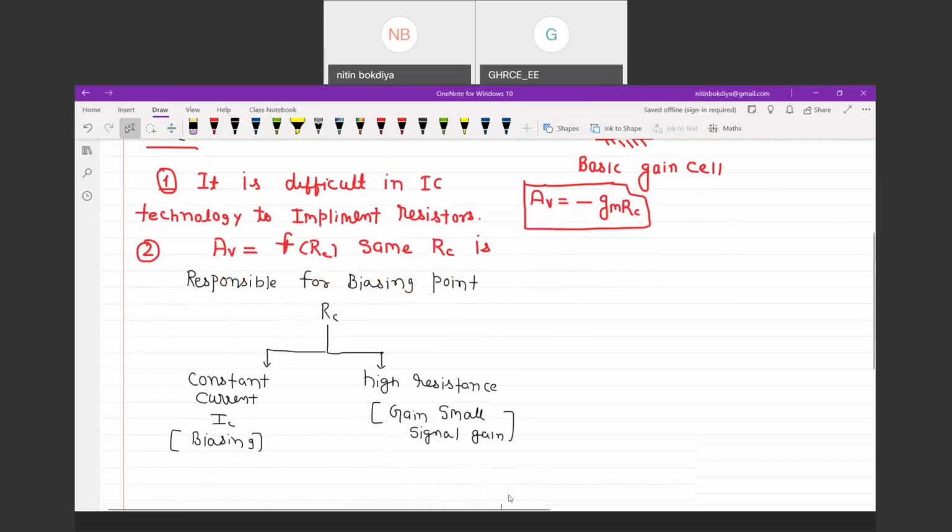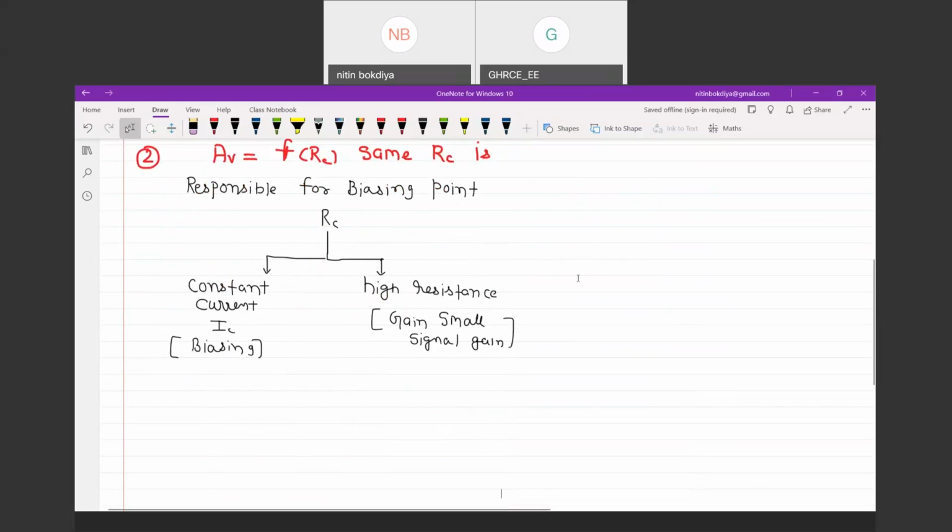Can I replace this with a current source? This is resistance RC, and instead of using RC, can I use a current source IC?